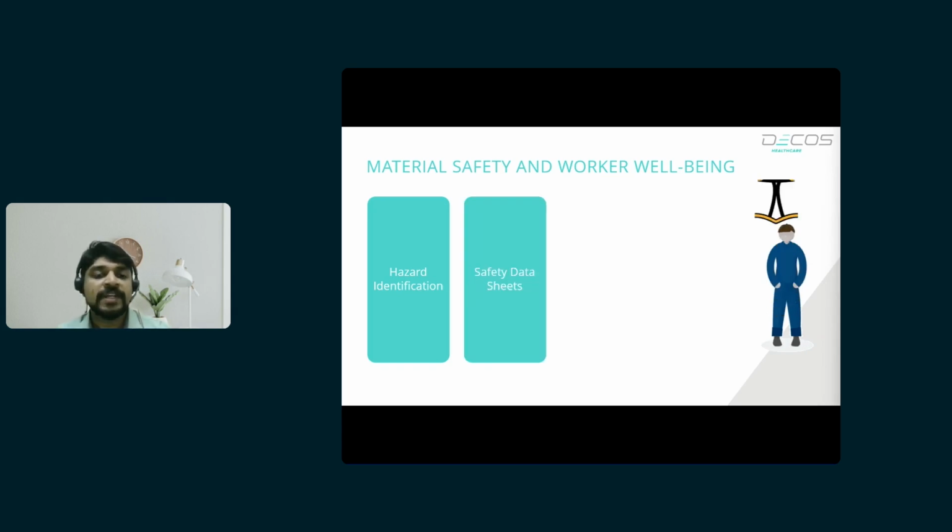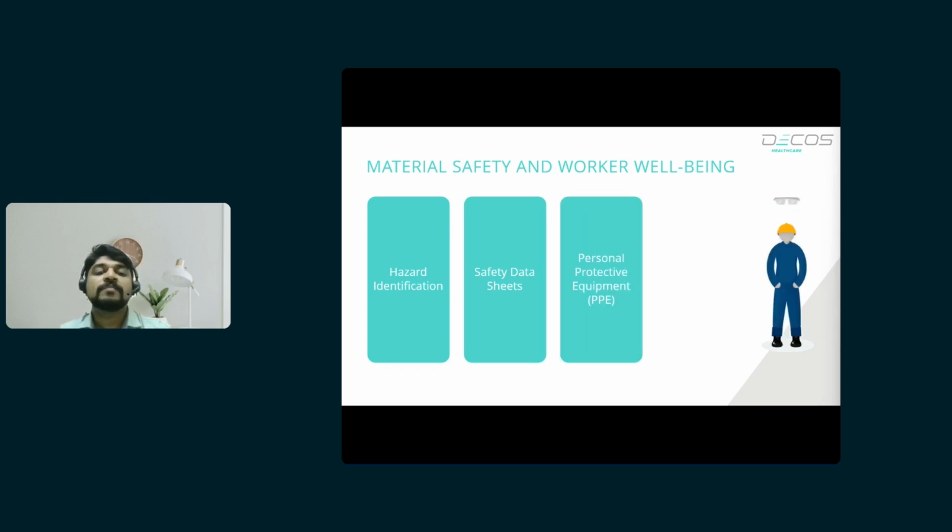The next is safety data sheet: providing workers with a readily accessible SDS, or safety data sheet, for all hazardous materials used. So SDS contain information on the material's properties, potential hazards, safe handling procedures, and even emergency response protocol.